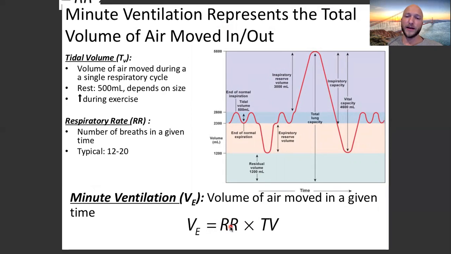So respiratory rate, how many breaths per minute, times tidal volume, just normal breathing, will give us the amount of air moved in a minute, our minute ventilation. Respiratory rate is number of breaths in a given time, typically per minute, so 12 to 20 per minute.